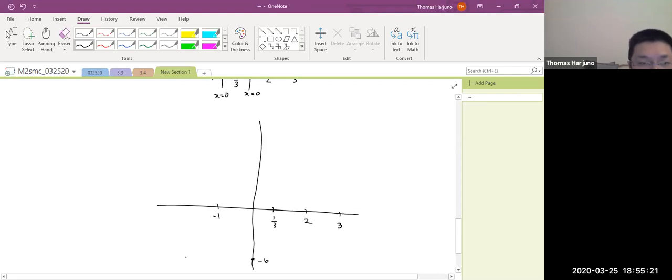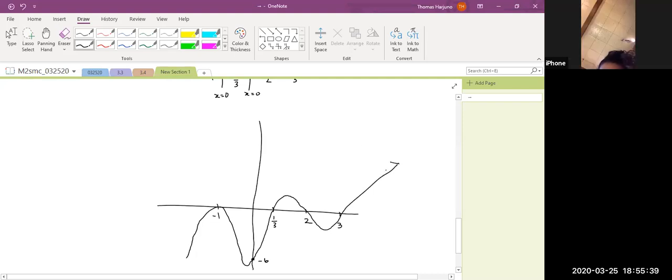Using the sign graph, I know I come from negative infinity, go to negative again, and then go up here. Positive becomes negative times positive. Oops. So approximately that's what the graph looks like.